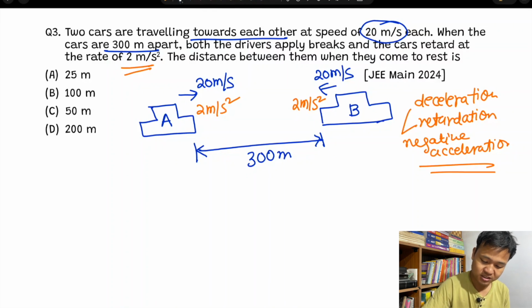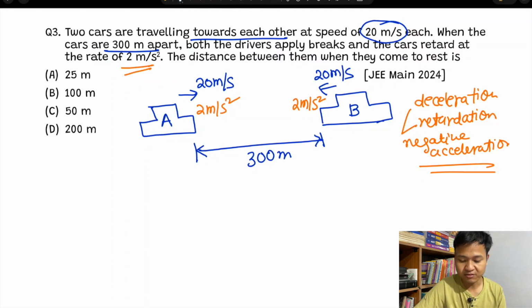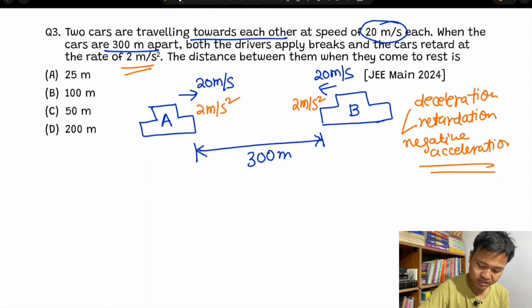The question asks for the distance traveled by them. Let's apply the formula. Once the brakes are applied, both of their final velocity will be 0.